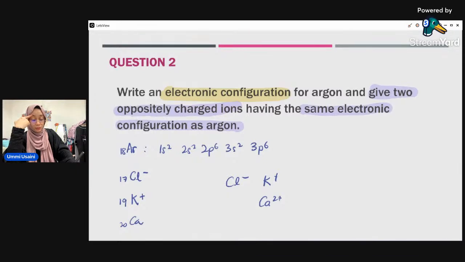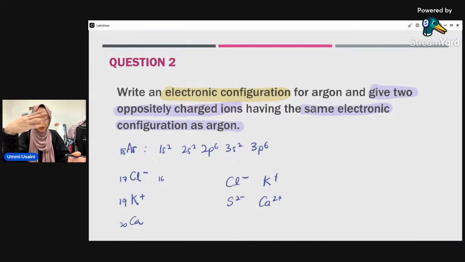That particular atom, it has 16 proton. Sulfur, very good. Okay, specifically sulfide ion. Sulfur is the atom. So bila dia jadi ion, kita panggil sebagai sulfide ion. So S2 negative.